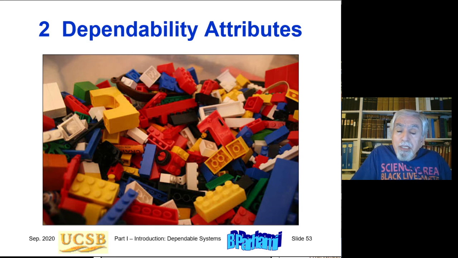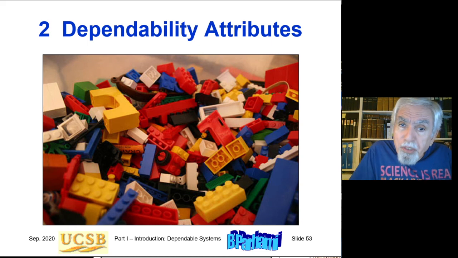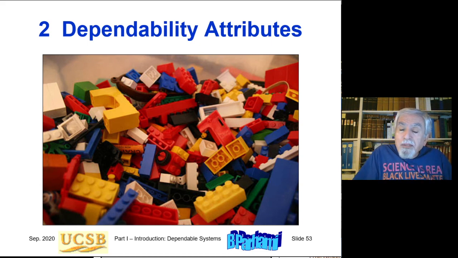This lecture deals with chapter 2 in my textbook, Dependable Computing, a Multi-Level Approach, which is available online in draft form. It is being developed at this point, not yet published.